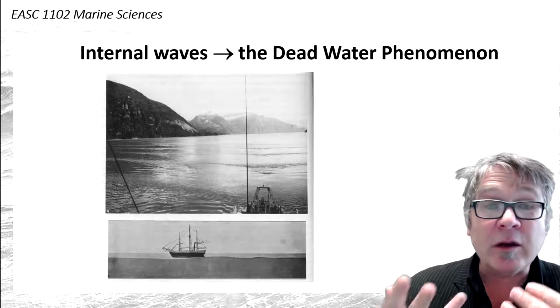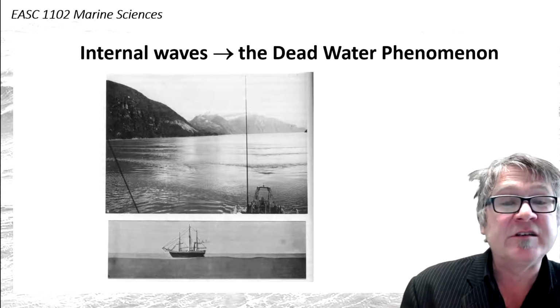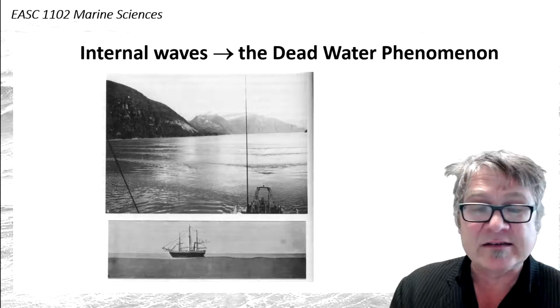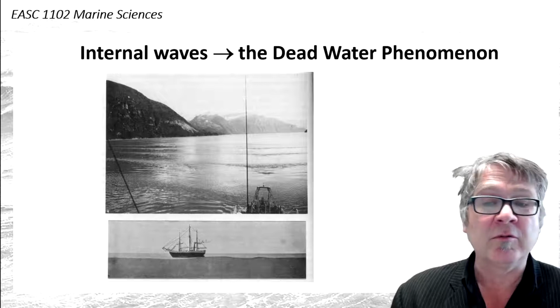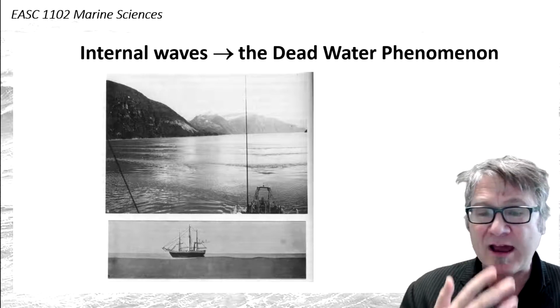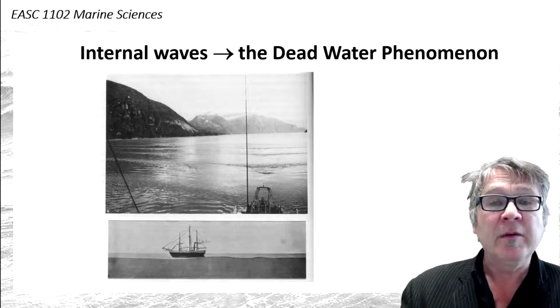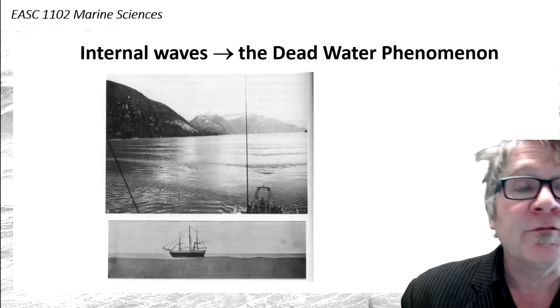Okay? And you can actually determine these types of features with special satellite techniques, which can identify very, very short wavelengths, so-called Bragg wavelengths. But now let's talk about the dead water phenomenon.